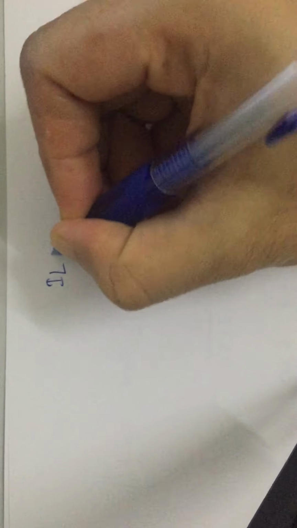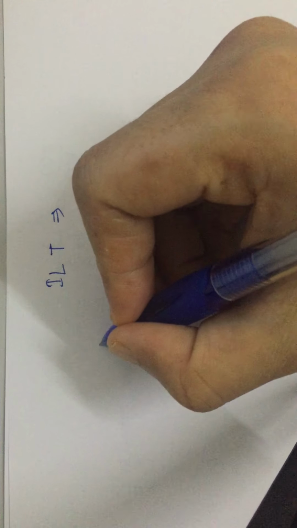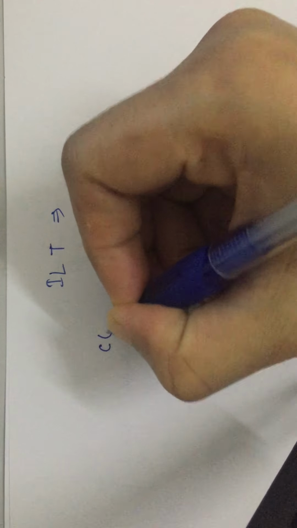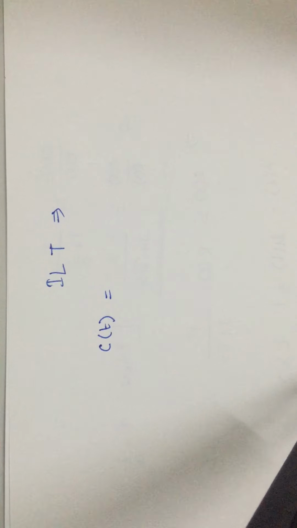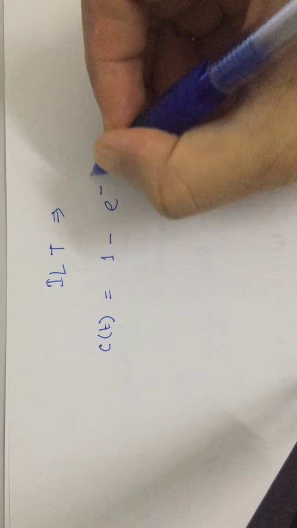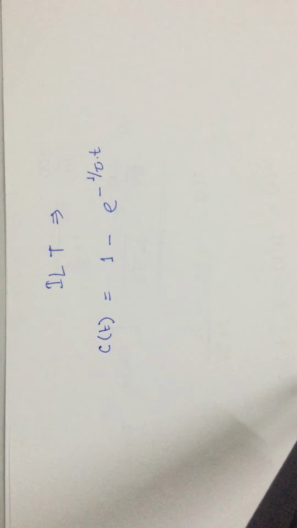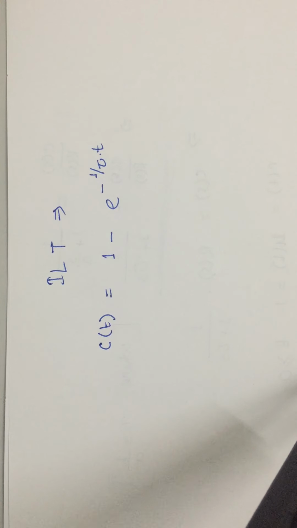That's it. Okay, so now we can apply the ILT. If we apply the ILT, then we will get C of t. See the output, now the output response is coming. It will be 1 minus e power of minus 1 over tau t times t.